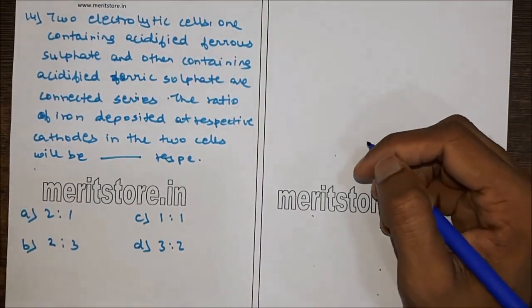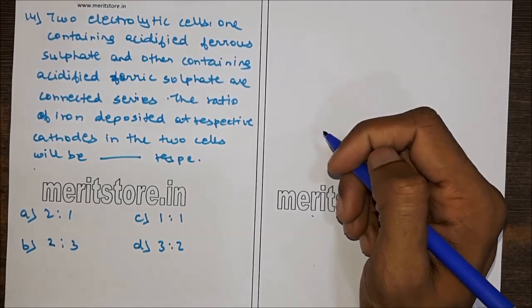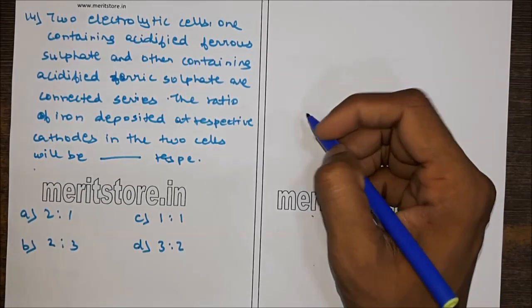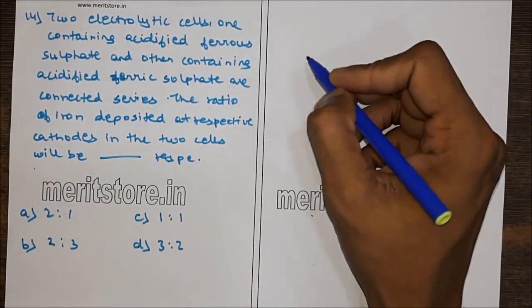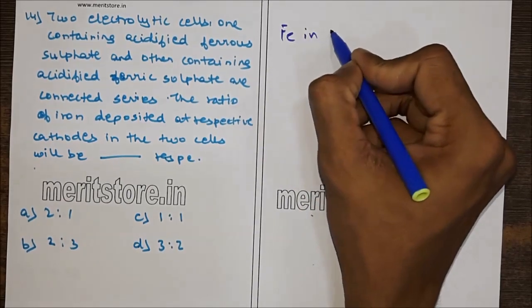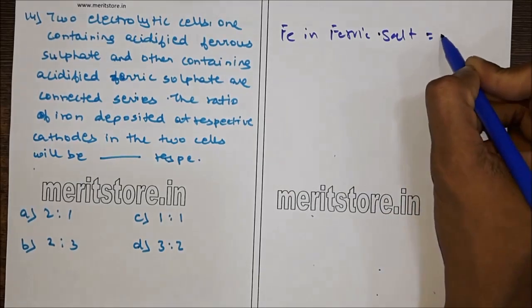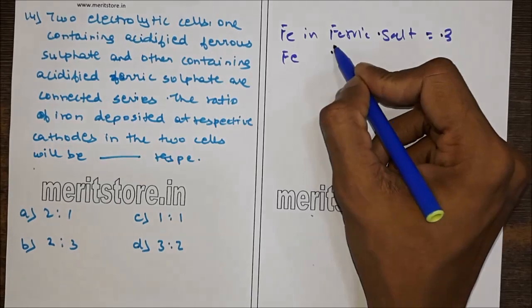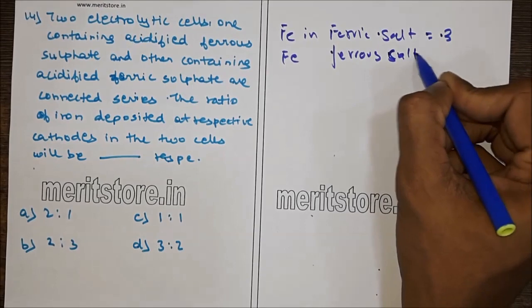Question 14. Two electrolytic cells, one containing acidified ferrous sulfate and another containing acidified ferric sulfate, are connected in series. The ratio of iron deposited at respective cathodes in the two cells will be dash respectively. So valency of iron in ferric salt is equal to 3. Valency of iron in ferrous salt is equal to 2.